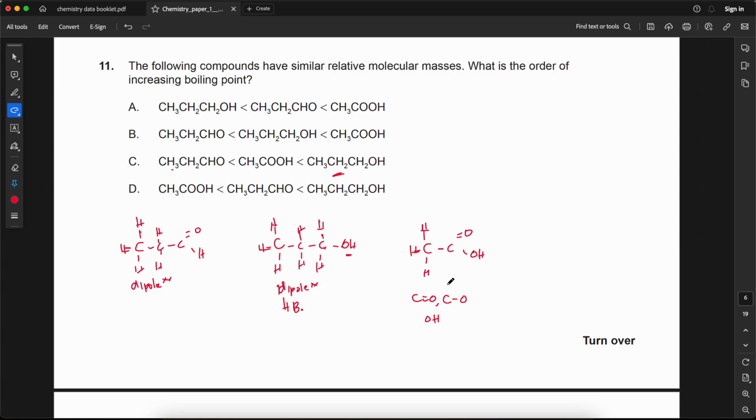Even though both of them have hydrogen bonding, it differs by the dipole forces, because it has a double bond and then a single bond. So that's why the answer is B. Ethanoic acid is more difficult to boil compared to propanol.